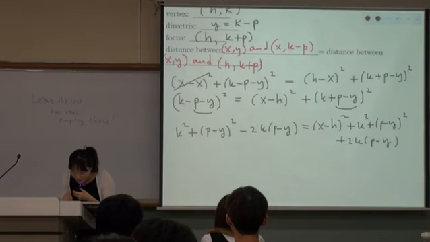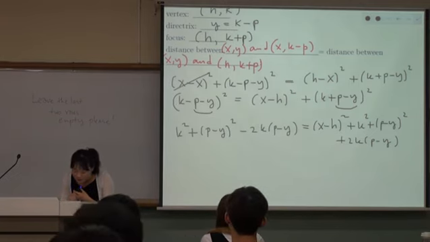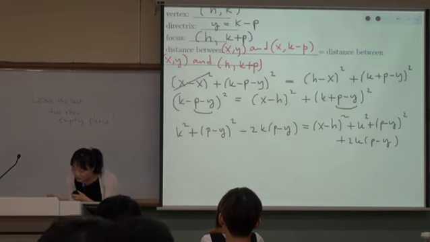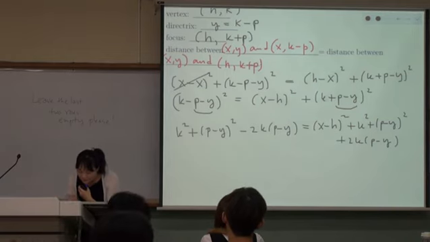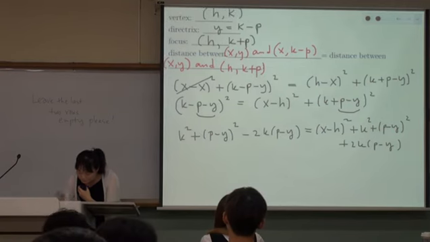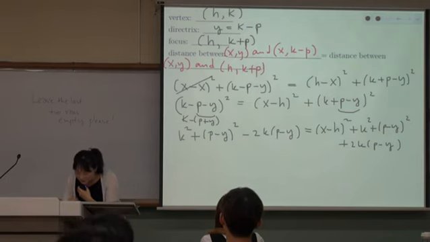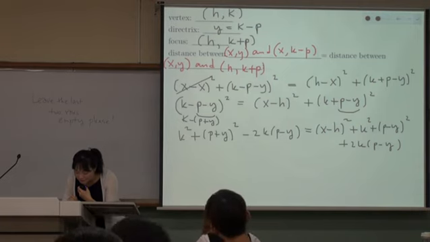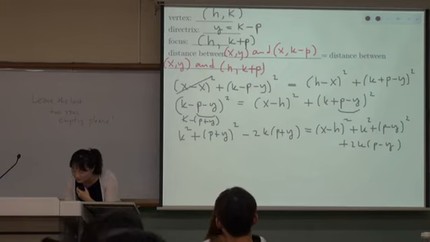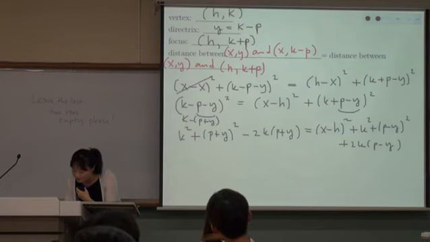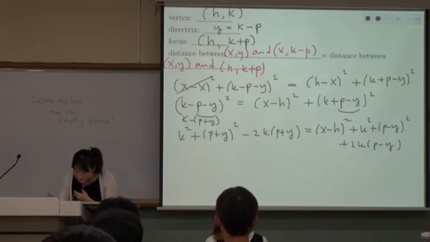It should be k minus p minus y on the left, and k plus p minus y on the right. Yeah, that's right. So let me change it. Yeah, that would be better.